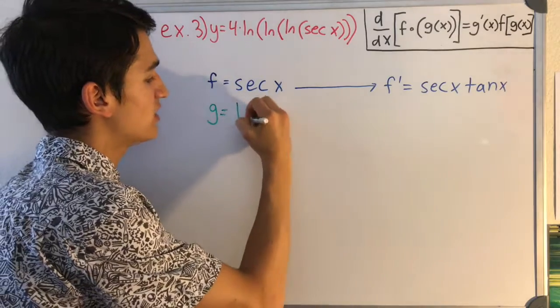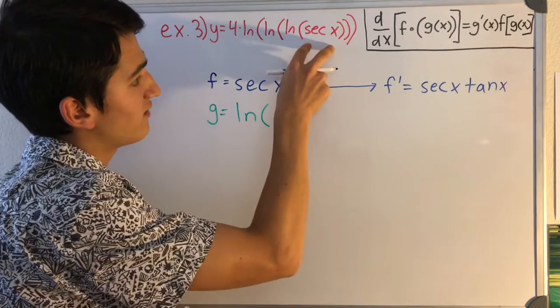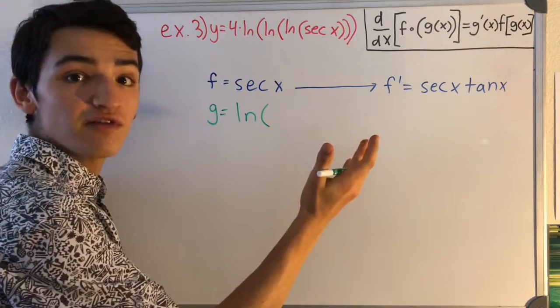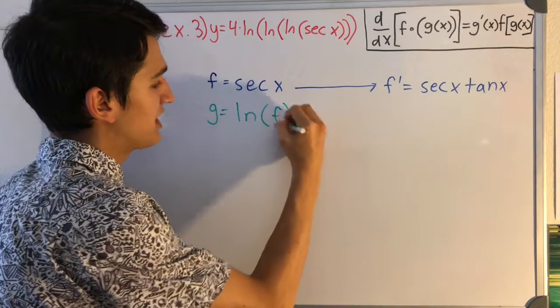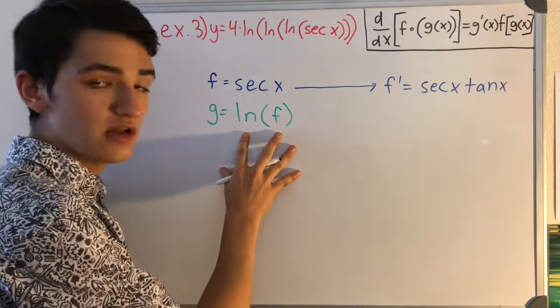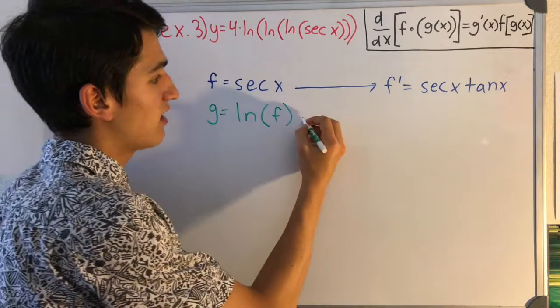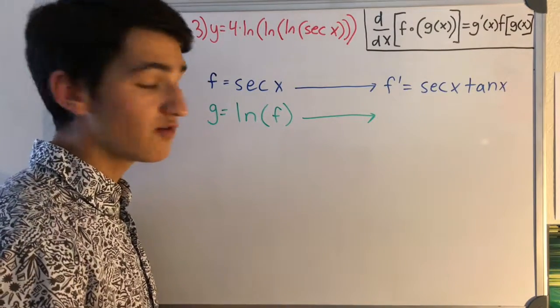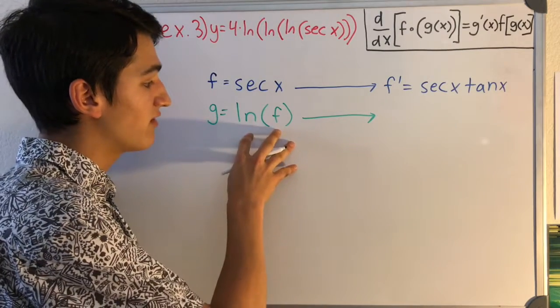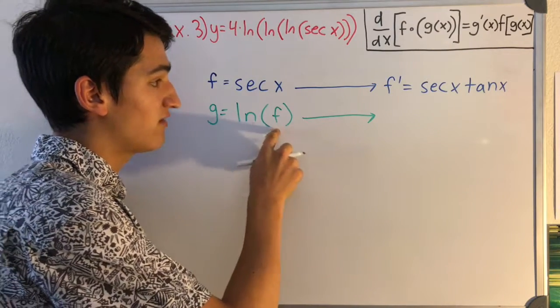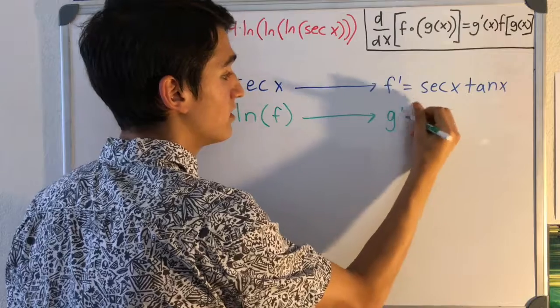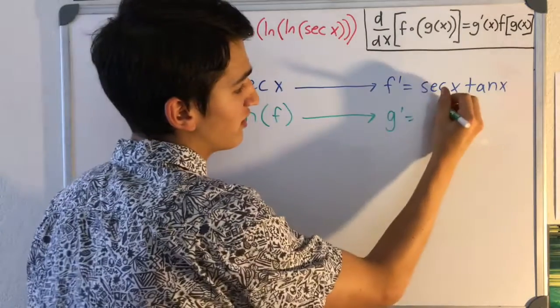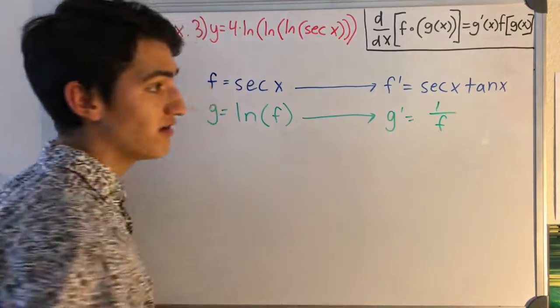G just equals the natural log of the inner function, which is just f. So that's natural log of f. Now we know that the derivative of natural log is 1 over whatever it is. So here we get natural log of f, and the derivative of g is just 1 over f.